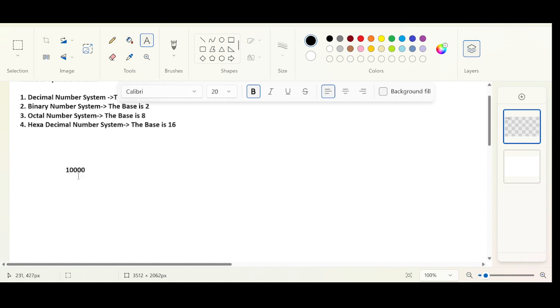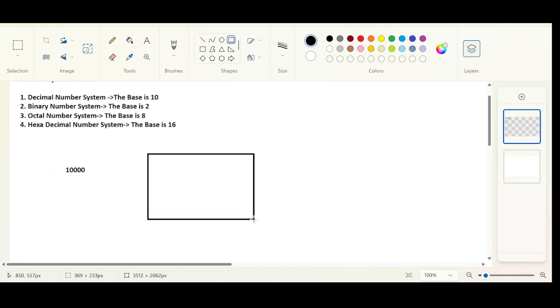But if you want to make the computer understand this 10,000, you cannot just input 10,000. The computer won't understand the decimal number system. Computers understand only two numbers: 0 and 1. You take any computer, they understand any data in the form of zeros and ones.